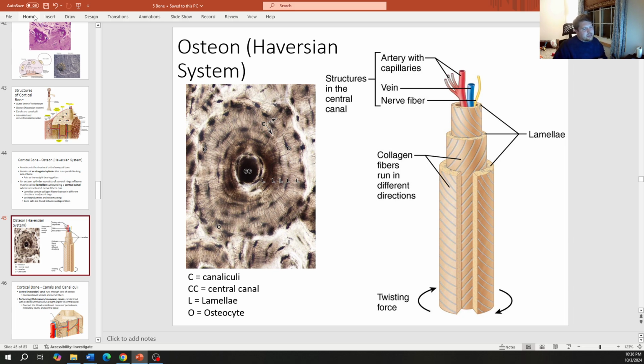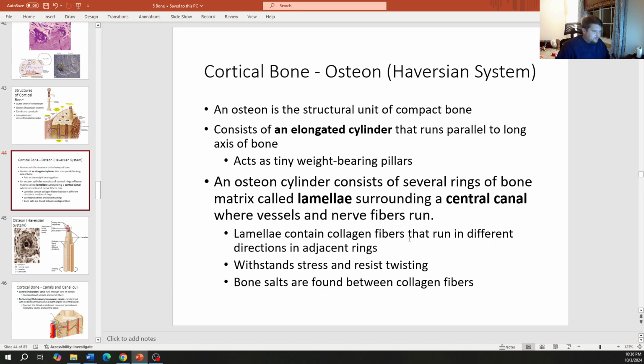And that's because it provides extra strength, and you're able to stop forces from many different directions. Rather than just being really, really strong in one direction, you're able to withstand force coming from many different directions. So that's the purpose. You have the different direction of the fibers running. You also have a central canal in the center where the vessels and nerve fibers run.